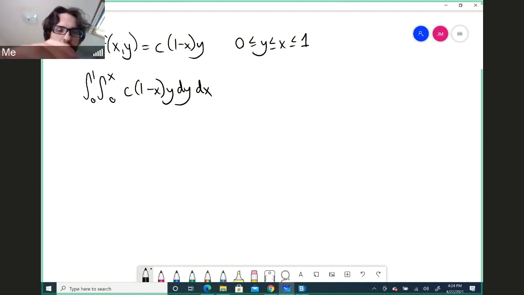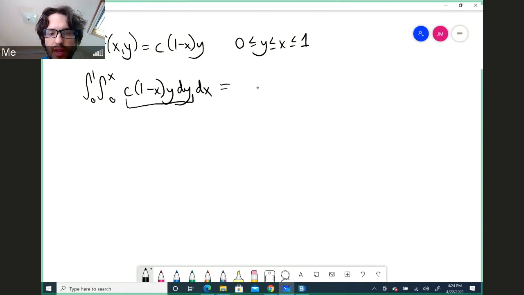The first thing we'll do is this inner integral, which we integrate with respect to y. Notice that there is no y in c and no y in 1 minus x, so you can treat c times 1 minus x as a constant, and y is the only thing that needs integrating.